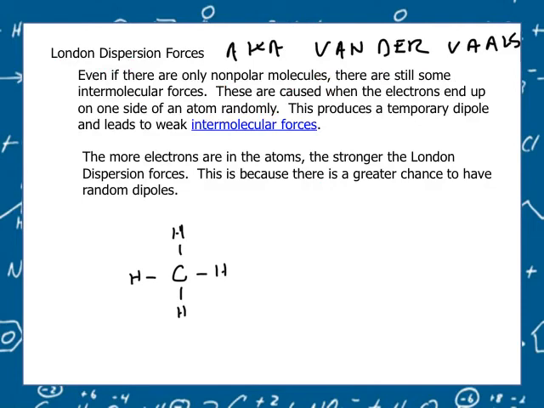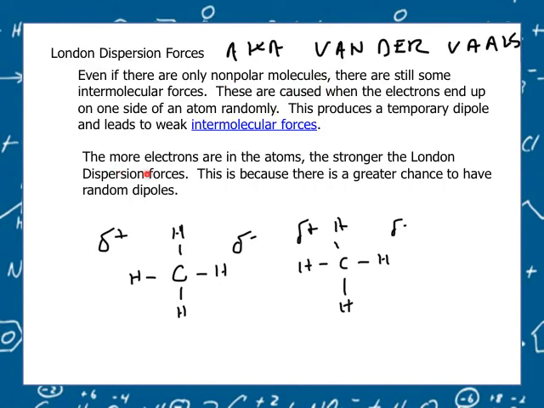But randomly, perhaps all the electrons, for some random reason, happen to line up all on this side of the atom. And then that means there's going to be a lack of electrons randomly on the other side. And that will temporarily induce a dipole in its neighboring molecule. But these are random and very temporary, and so this is the weakest of all the intermolecular forces.